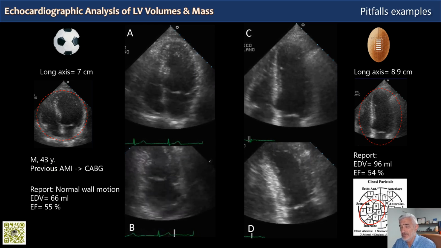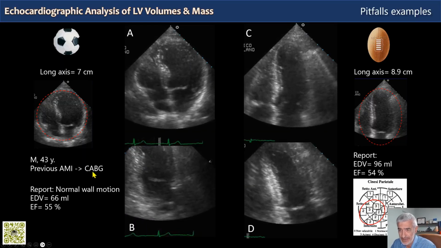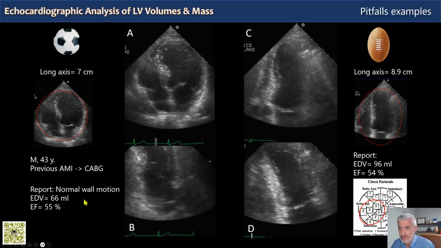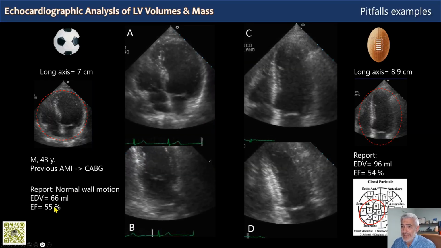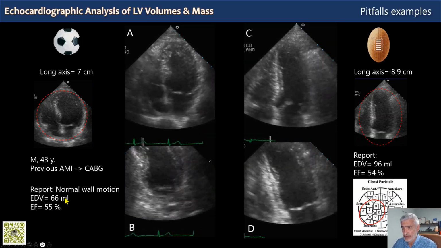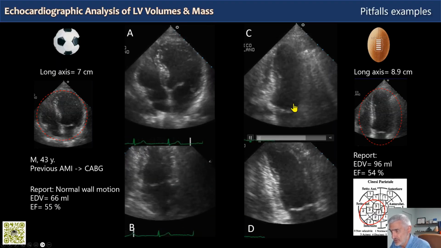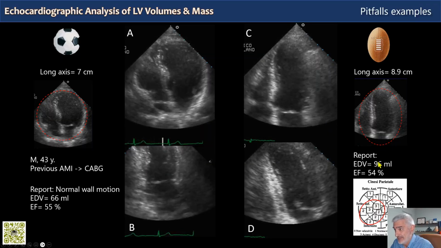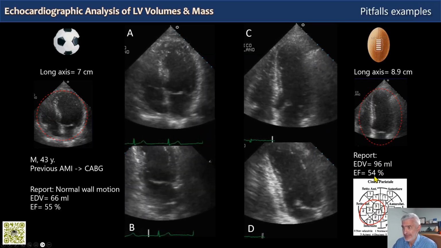He had a previous anterior myocardial infarction and then underwent coronary artery bypass surgery. This baseline exam with incorrect geometry gave a normal 55% ejection fraction, a normal volume. The following exam with the correct geometry gave a much bigger volume, even though the ejection fraction was practically the same.